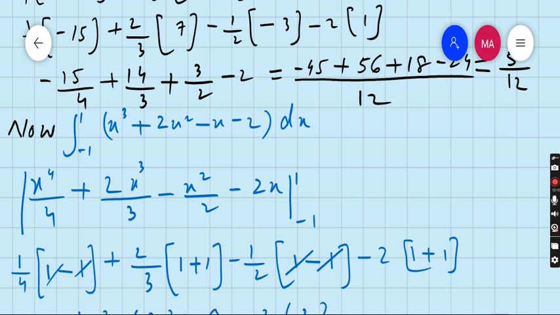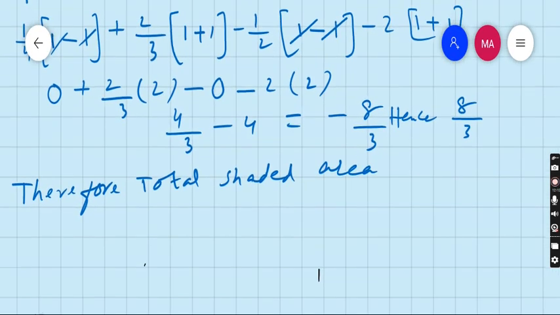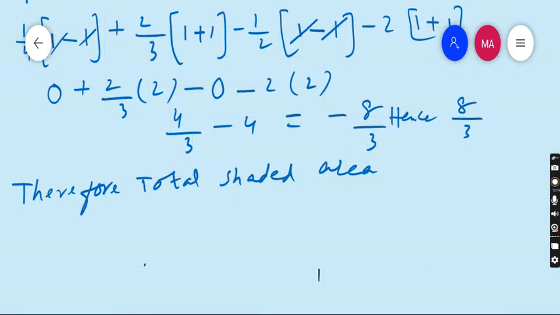Our first answer was 5 upon 12. Our second answer is 8 upon 3.